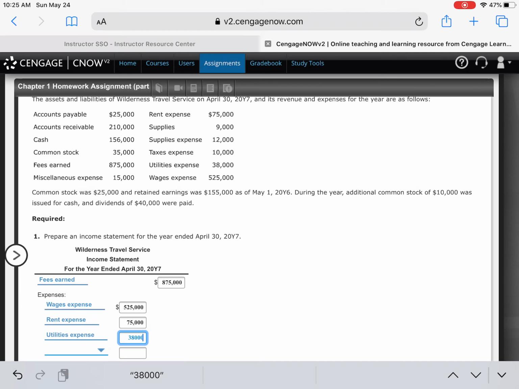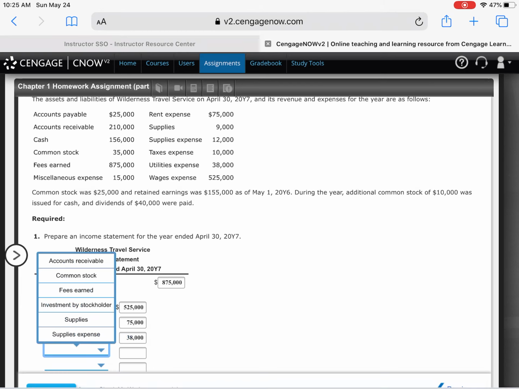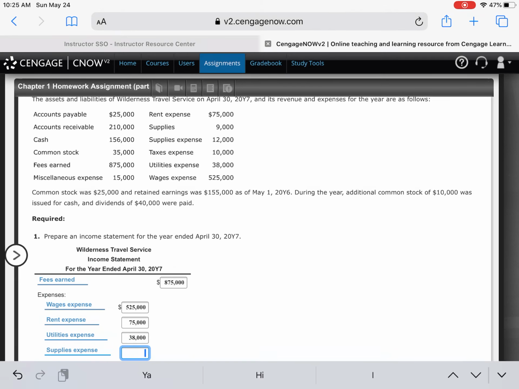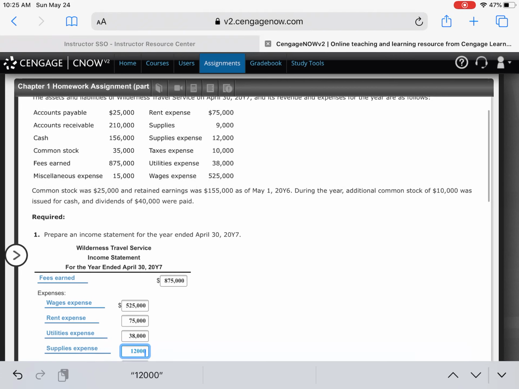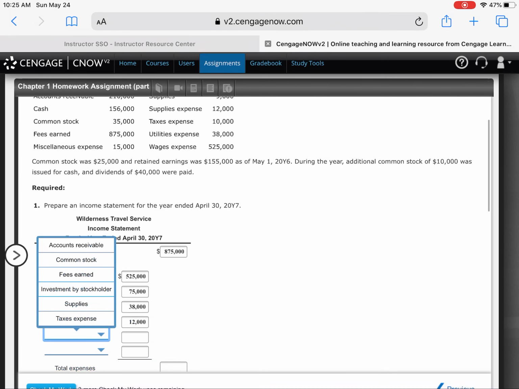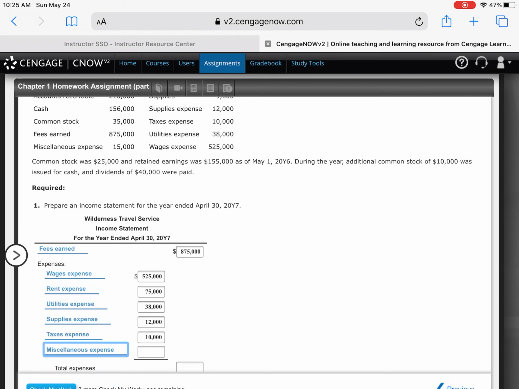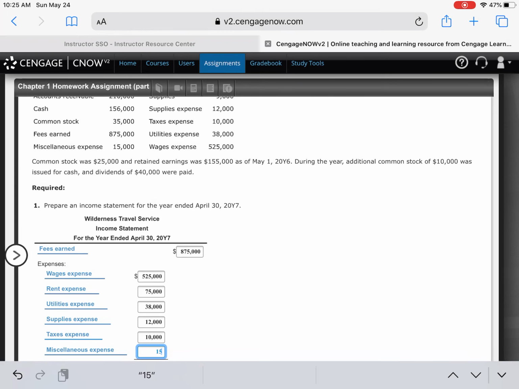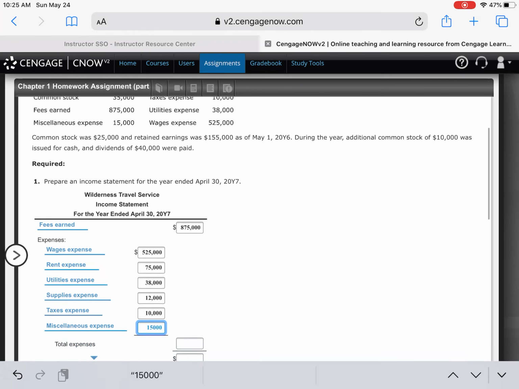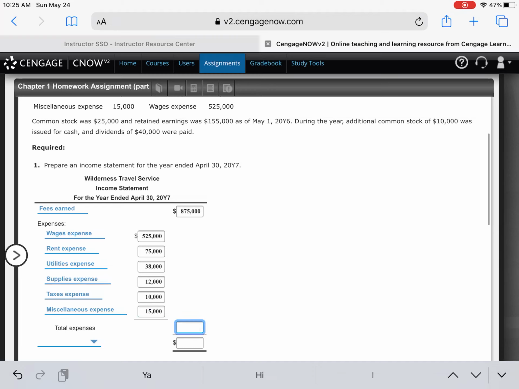We also have a supplies expense at $12,000. Our tax expense at $10,000. And then finally our miscellaneous expense, always coming last no matter what that value is, at a total of $15,000.